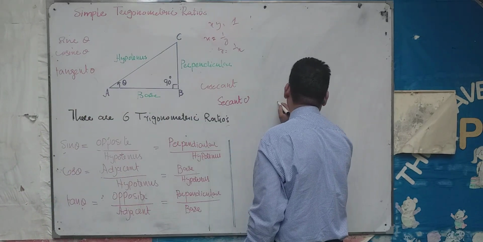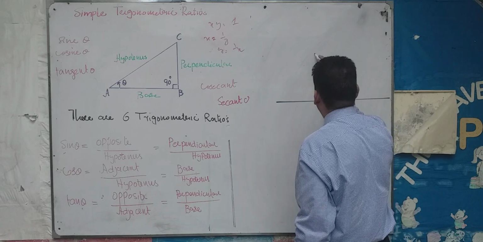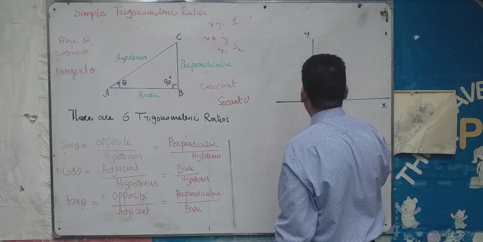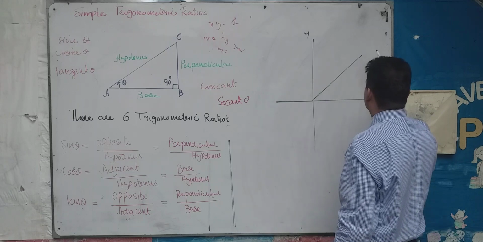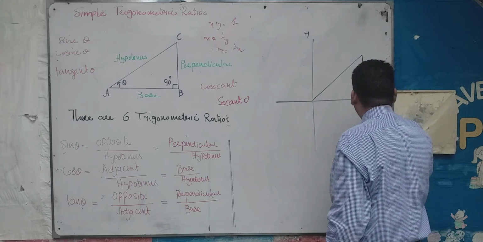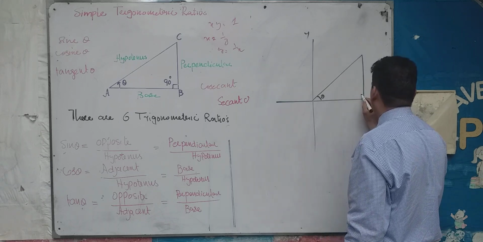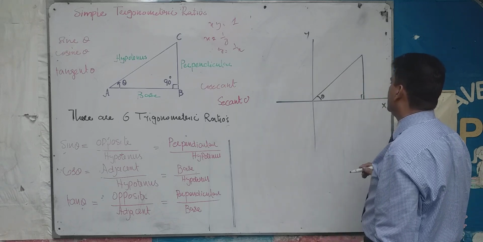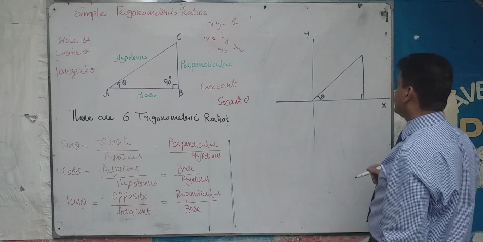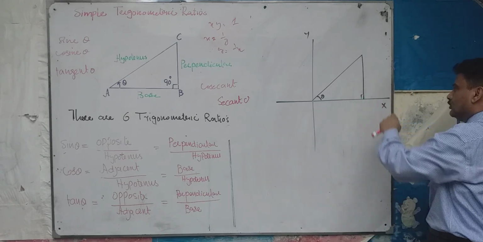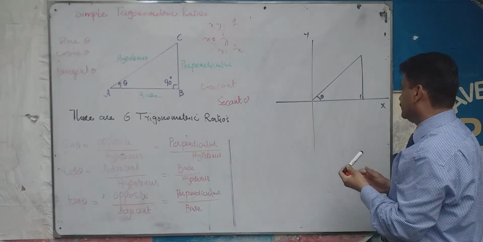If there is an x-axis and y-axis and a right angle triangle making angle theta with the x-axis, this is the hypotenuse, opposite to theta is the opposite side, meaning the perpendicular, and this is the base.